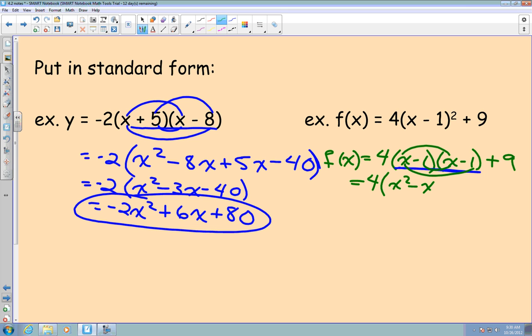Inner terms, negative 1 times x is minus x. And last terms, negative 1 times negative 1 is plus 1. Still this plus 9 coming along to the right. And we're going to do like we did before. We're going to simplify inside the parentheses before we go any further. So 4 times x squared minus 2x plus 1, plus 9.